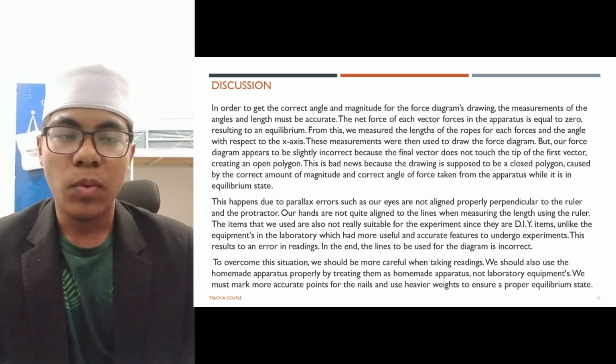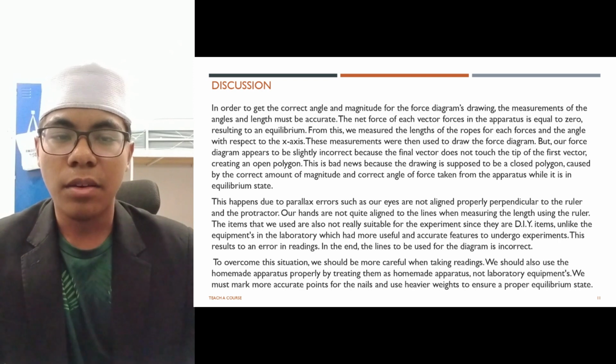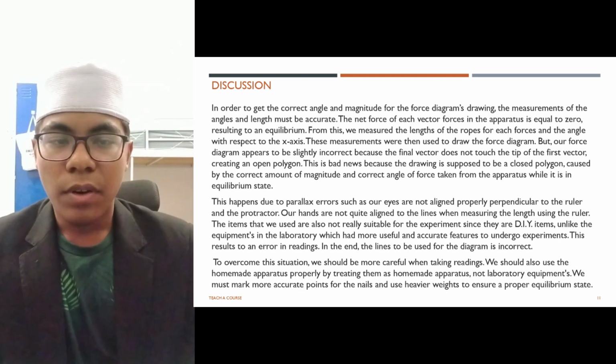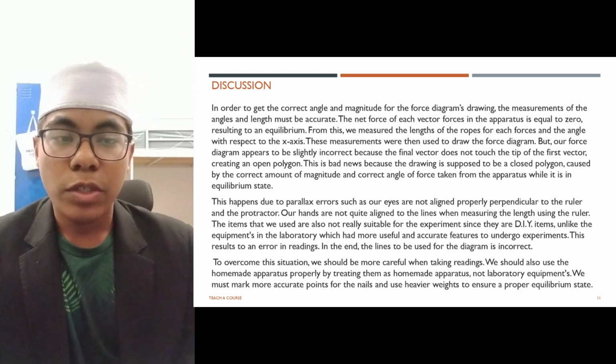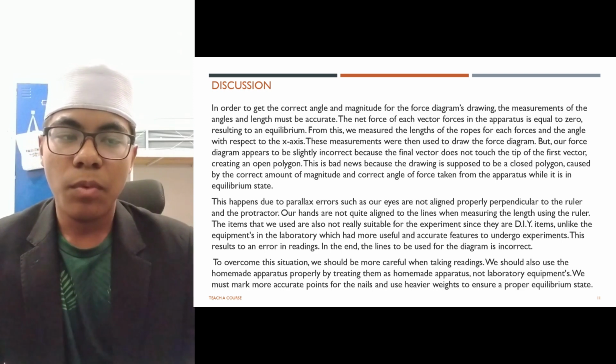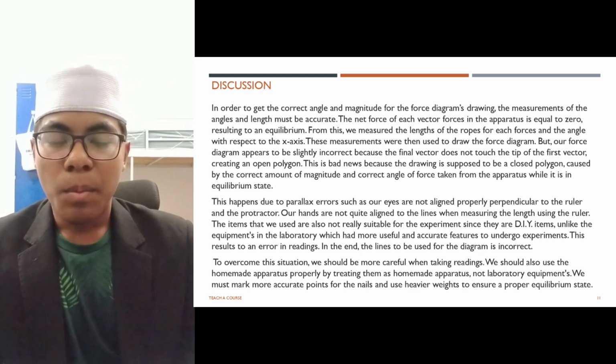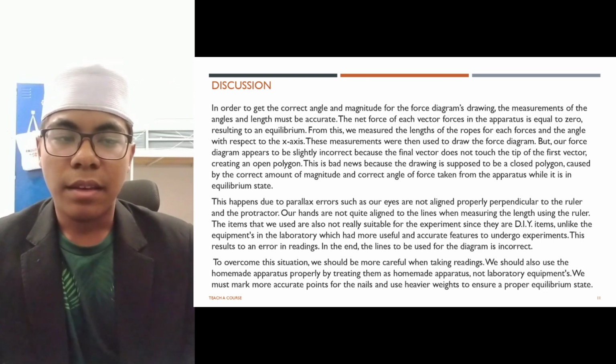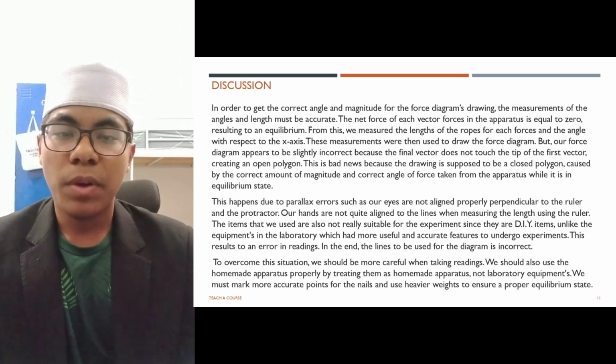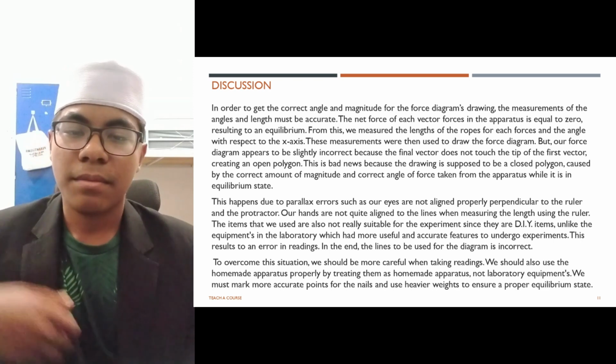Finally, the items we used are also not really suitable for the experiment since they are merely DIY items. To overcome this situation, we should be more careful when taking readings, make more accurate points next time, and use heavier weight to ensure a proper equilibrium state.